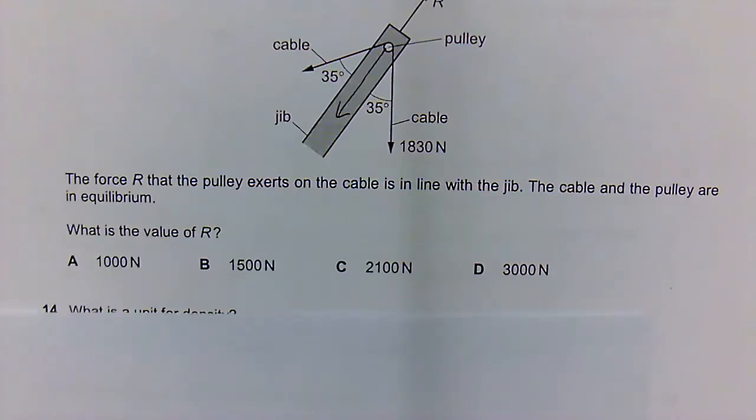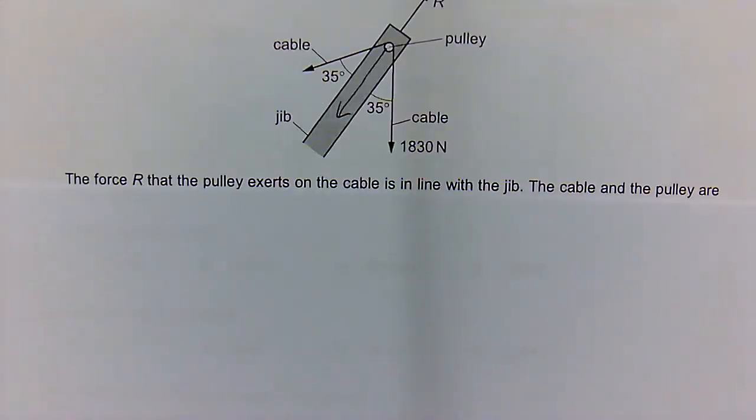So if I just grab my protractor and my ruler, when you're drawing, you've got to think about a scale first of all. So my scale, well, if I've got 1,830 newtons each way, I think I probably want to do something in the region of about a 1 to 5 or something like that.